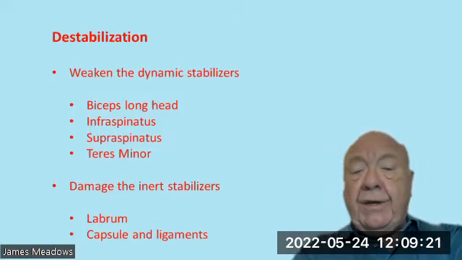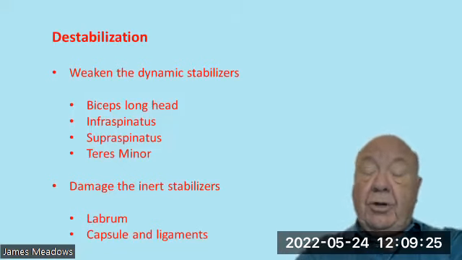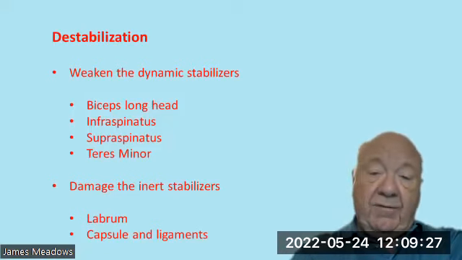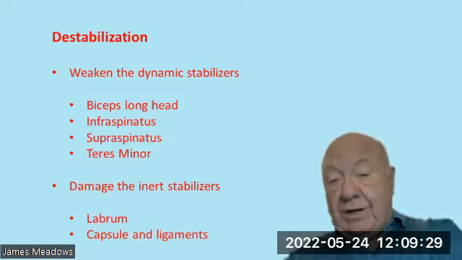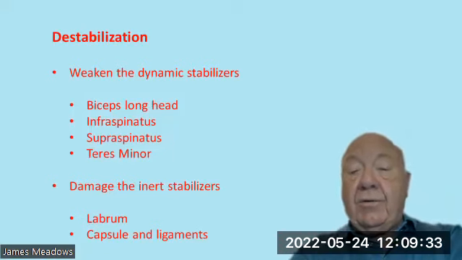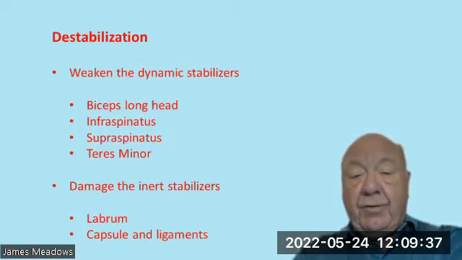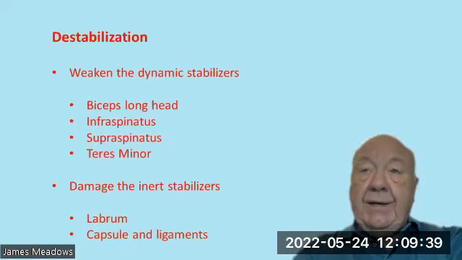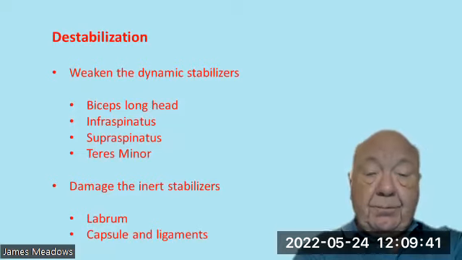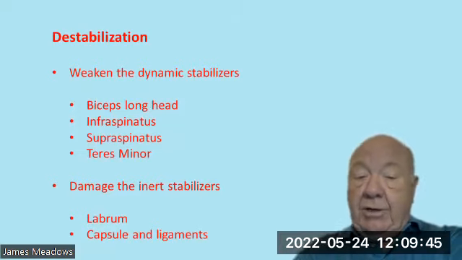So we need to weaken these, and we can do that in any number of ways. Neurological causes include axoplasmic flow compromise, both structurally and weakening its force output, and then also neurophysiologically with segmental facilitation and reflex inhibition. We can damage the inert stabilizers as well.